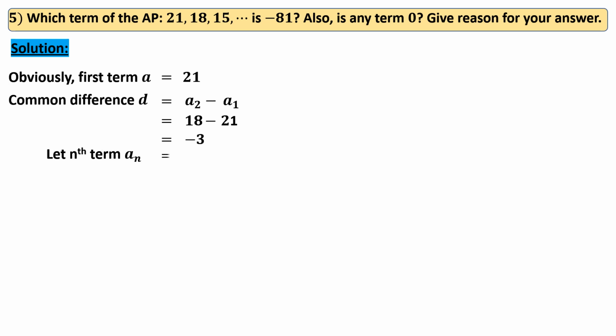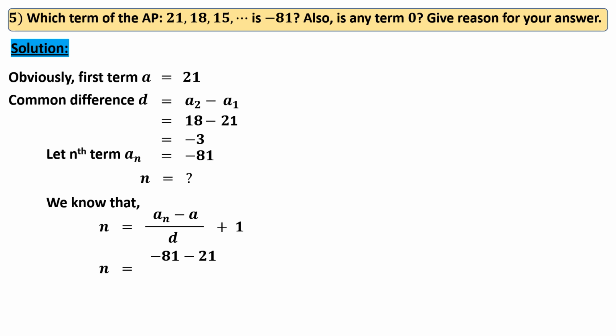Let nth term An be minus 81. Now let us find the value of n. How do we do that? We know that n equals (An minus A) divided by D, plus 1. You can also use the formula An equals A plus n minus 1 into D and manipulate it, but this is the direct formula. Let us substitute the values.